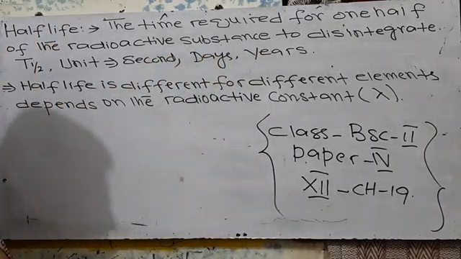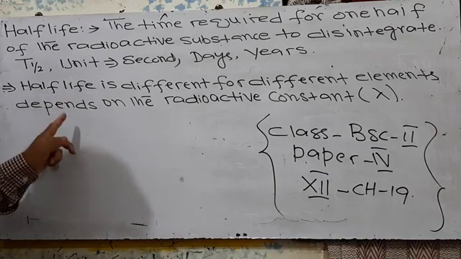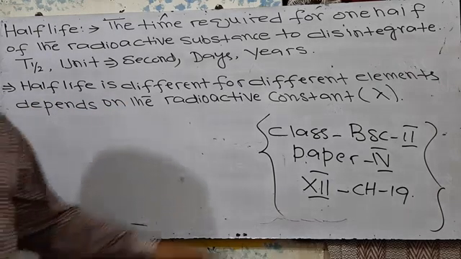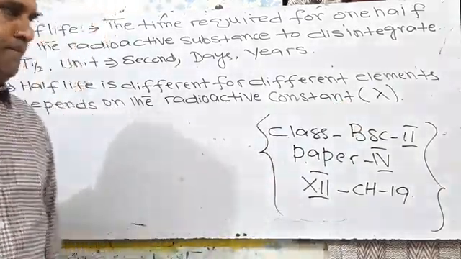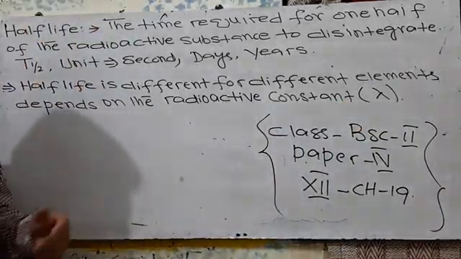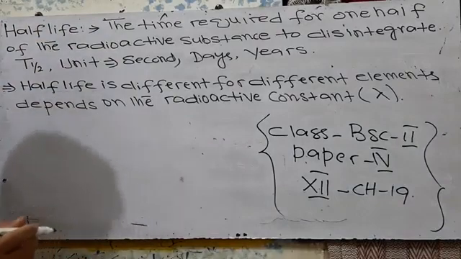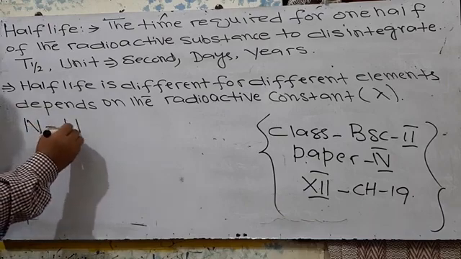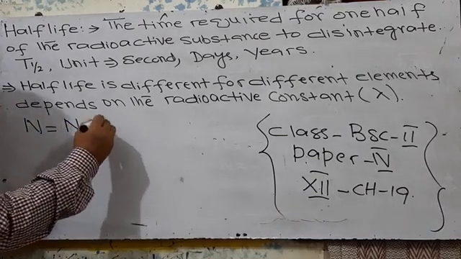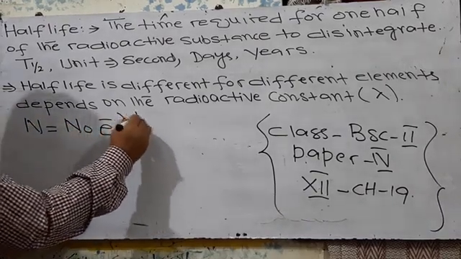Half-life is different for different elements, depending upon the radioactive constant, that is lambda, as we derived in the law of radioactive decay. According to the law of radioactive decay, we know N is equal to N naught E minus lambda T.